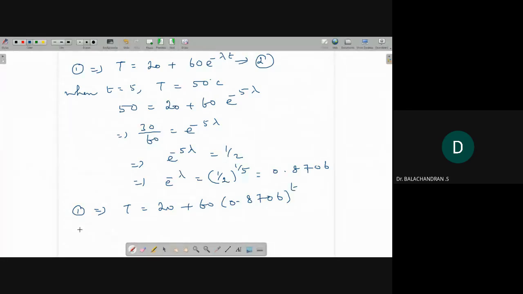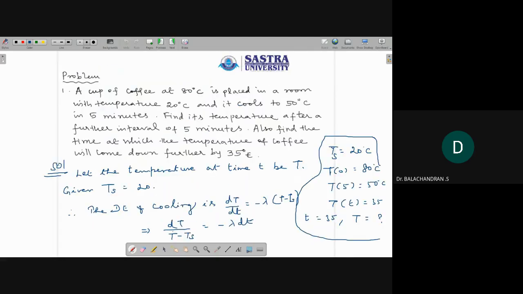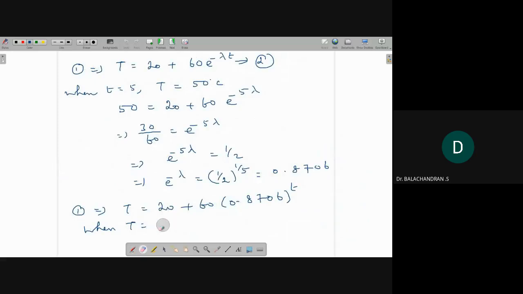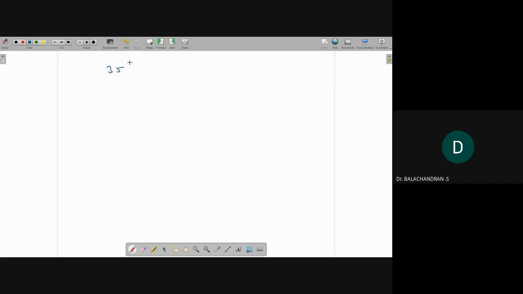Now we need to find, when T = 35 degrees, the time. So I need to find the time. Substitute T = 35 in this equation.